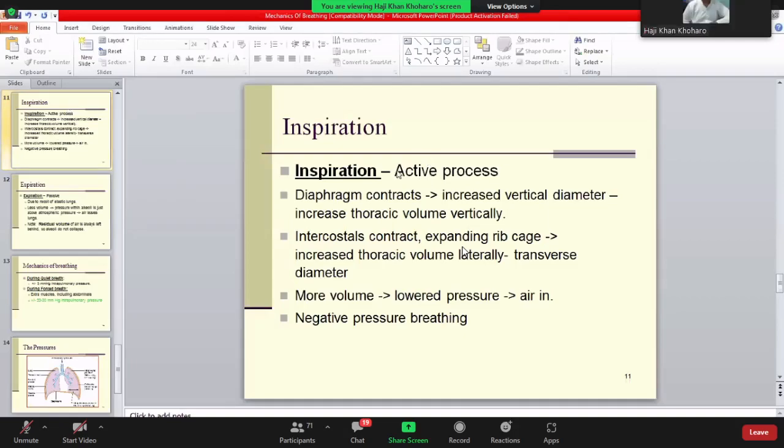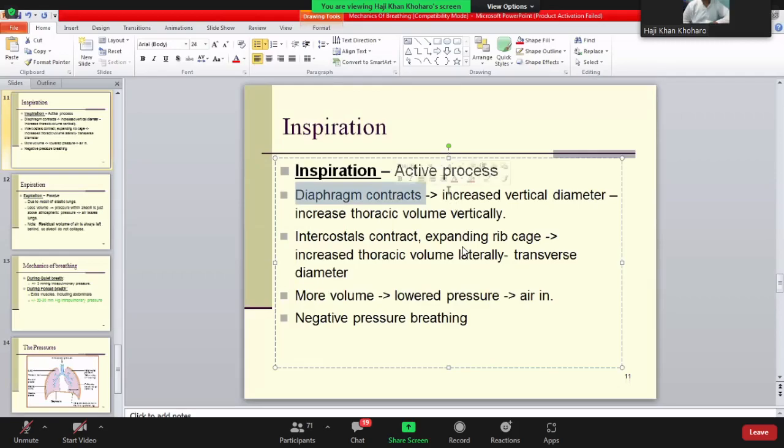Inspiration is an active process. It means the diaphragmatic contraction that utilizes energy. It increases the vertical diameter of the thoracic cavity, and the vertical diameter increases the thoracic volume vertically.